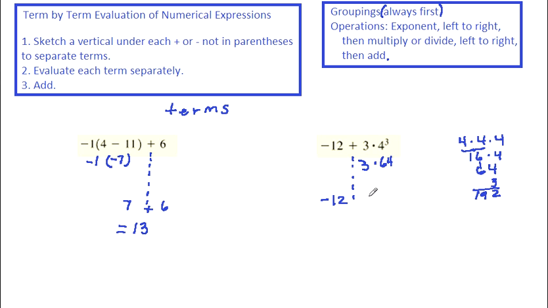That's 192. And there's a plus between them. And so we have -12 plus 192. It's 192 on the positive side, 12 on the negative side, and the answer is +180.